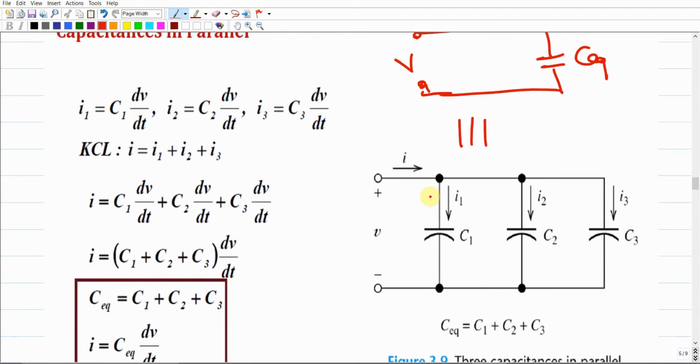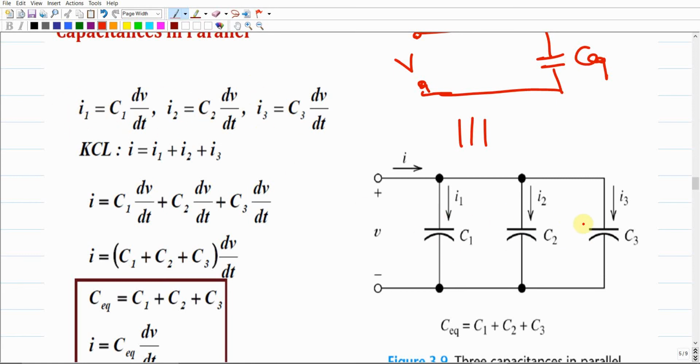The current over this branch should be C1 times the derivative of the voltage, which is the same here as in this one and this one. So dV by dt is the same over the three capacitors, but these three capacitors have different capacitances, and we have I1, I2, I3.